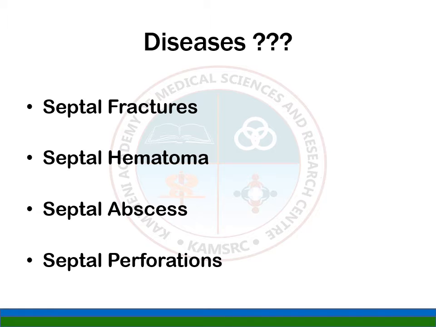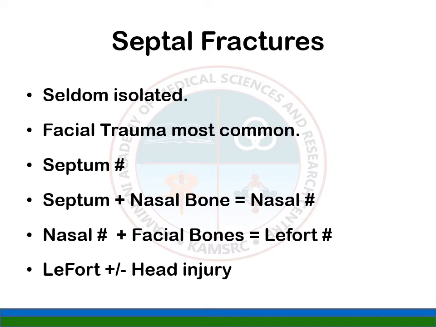What are the septal fractures? Septal fractures are the fractures which occur on the cartilage or bony part of the nasal septum. They are seldom isolated, that is, we don't expect that only the cartilaginous septum or the bony septum will be affected.